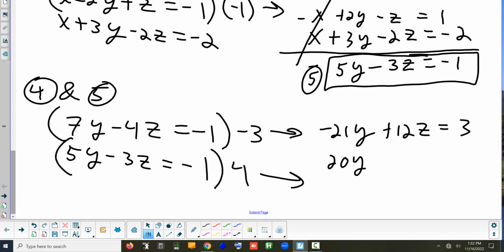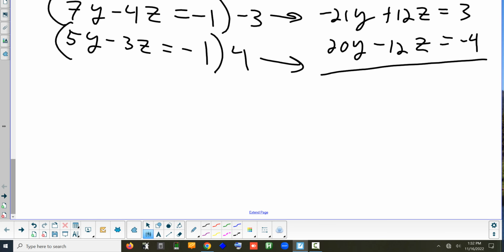So 20y minus 12z equals -1 times 4 is -4. Okay, let's add them up. Ryan, can you tell me what I get when I add those up? That would be -1y. Yep, and then -1y equals -1. So y equals 1.